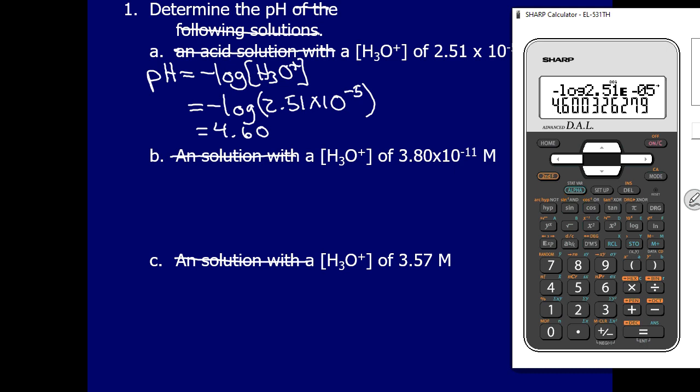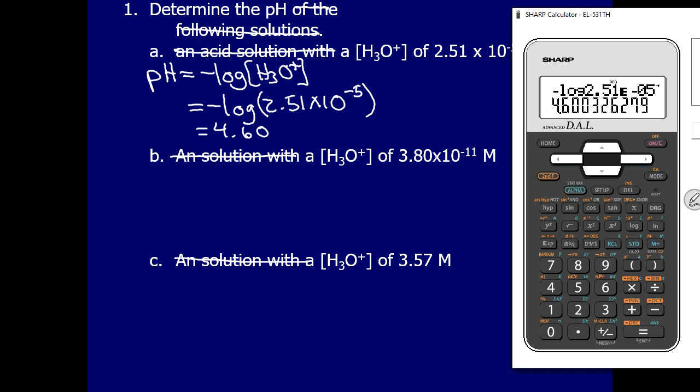Okay. Anybody else still not getting it? Okay. Go ahead. Push button. Let me see what you're doing. No, it's not subtract log. So that's clear. Your negative button right there. Negative is right there. Log 2.51.